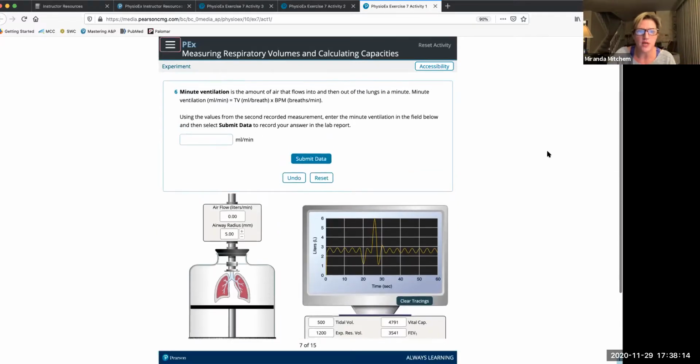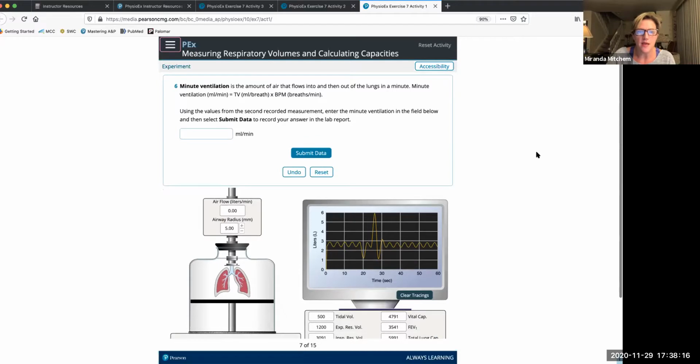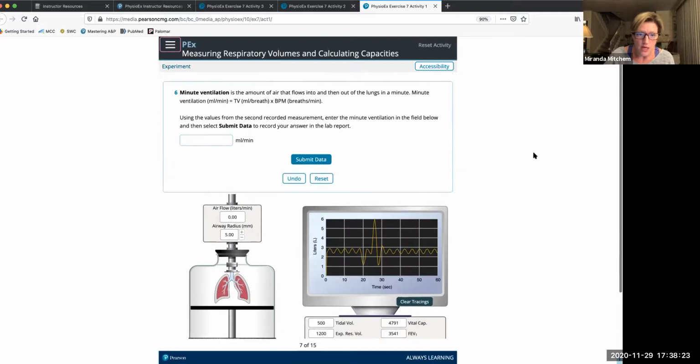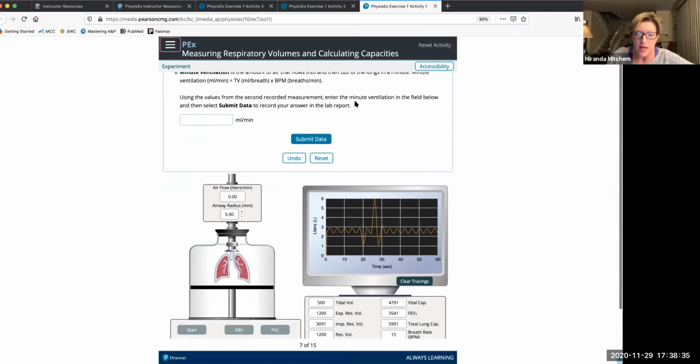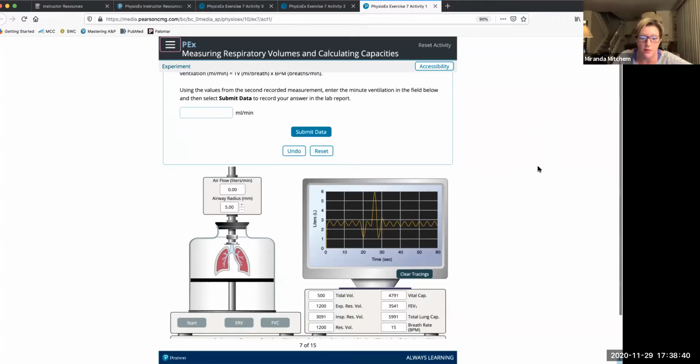All right, let's proceed. So now we're looking at the minute ventilation, which is the amount of air that goes in and out in a minute. This is calculated by taking the tidal volume and multiplying it by the breaths per minute. So we're going to use the values from the second recorded measurement and enter the minute ventilation in the field below.